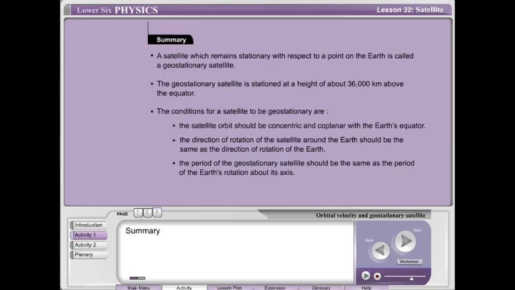The direction of rotation of the satellite around the Earth should be the same as the direction of rotation of the Earth. The period of the geostationary satellite should be the same as the period of the Earth's rotation about its axis.